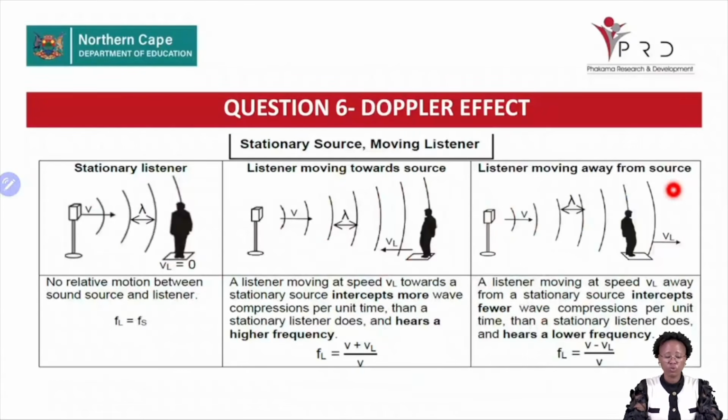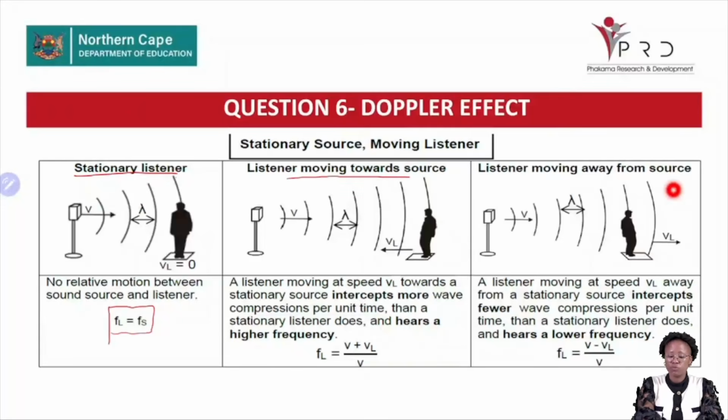Very much important to take note that when the source and the listener are both stationary, there is no Doppler effect, because there is no change in velocity and no change in frequency, which indicates that the frequency of the listener will be equal to the frequency of the source. Very much important to take note of that.